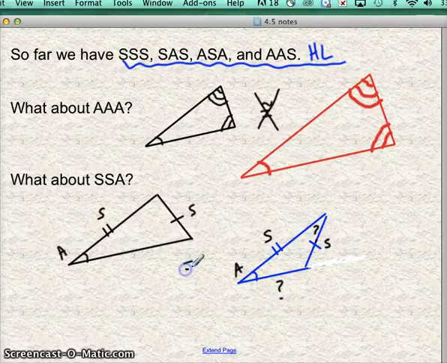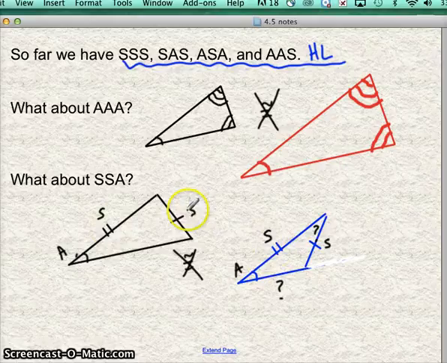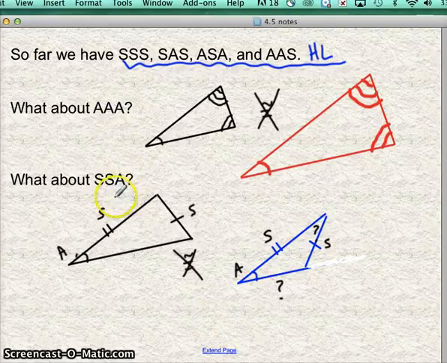These are not congruent triangles, even though they have the same given information. Same angle, same side length, same side length. It's just that I bent this side in, which changed that little angle and changed this side. Okay, so here's a corny way of remembering that these two are bad, that they don't show triangle congruence.